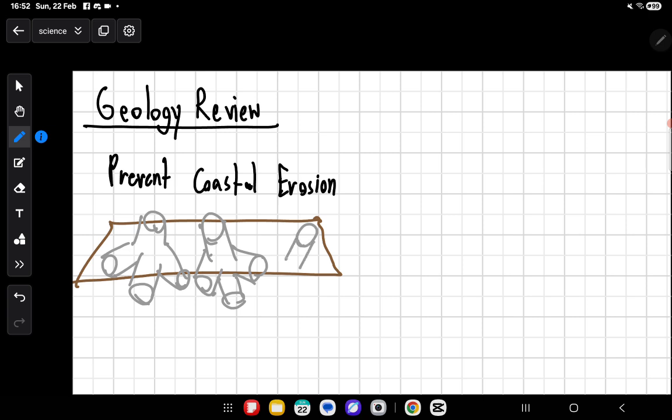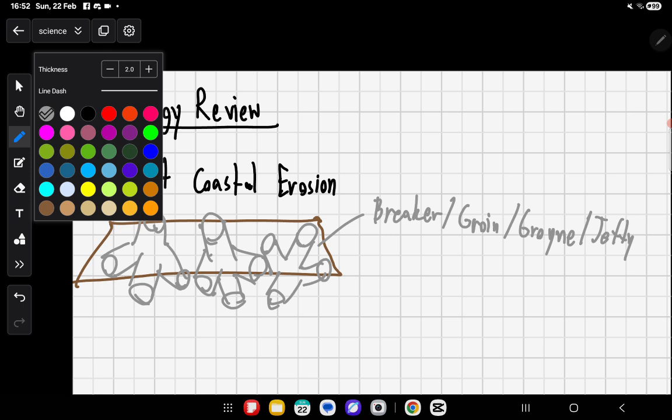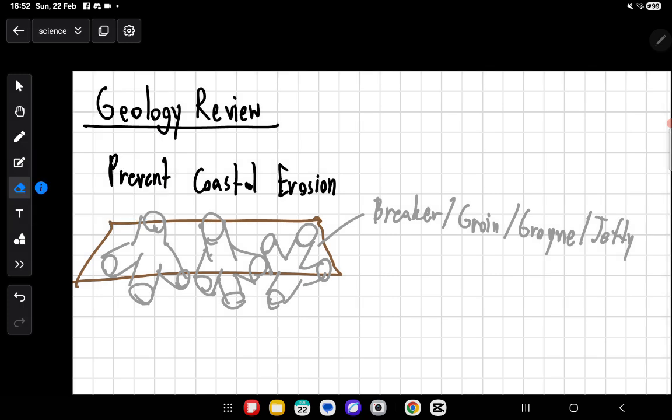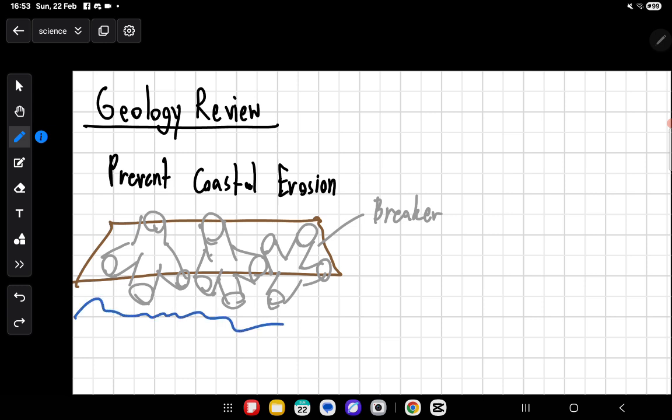So I'm going to draw in 3 of them as an example. So we have these. They actually have 4 terms: a breaker, a groin in a different spelling, and a jetty. For this video, we'll be referring to them as a breaker. Now here's the waters. Wait, too blue. Here's our waters, right?